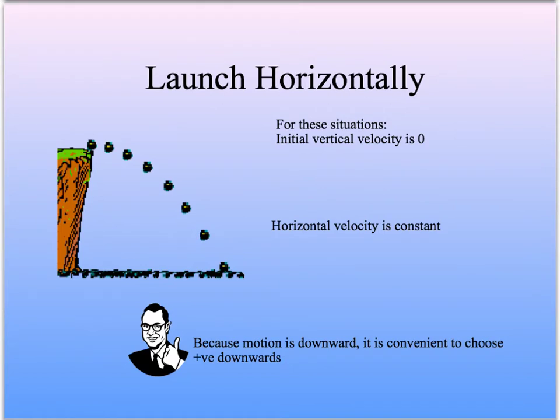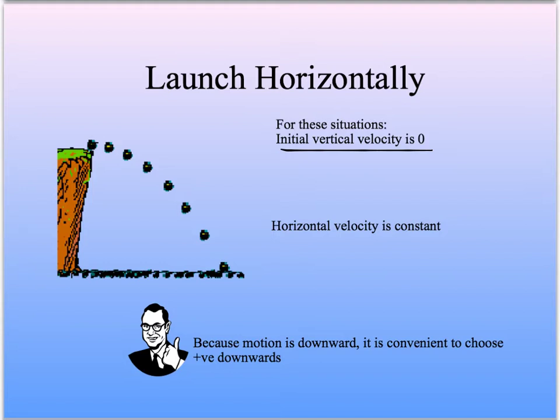And so this is another important point. In these situations, initial vertical velocity is going to be 0. That is to say, when this object just leaves the cliff right here, that very split second when it leaves the cliff, it's not moving up or down yet.